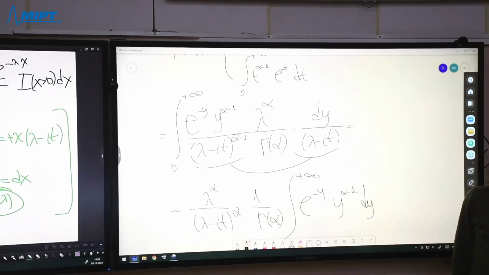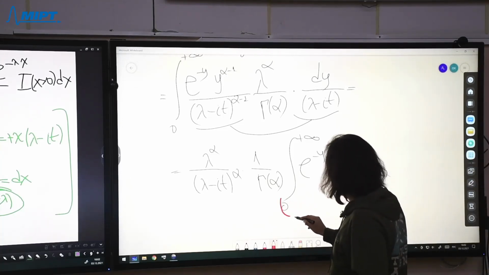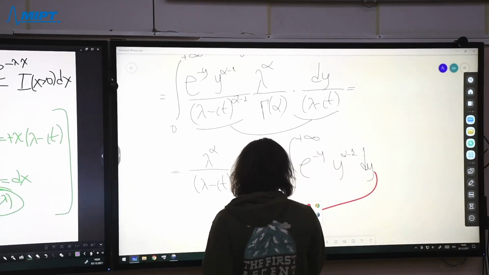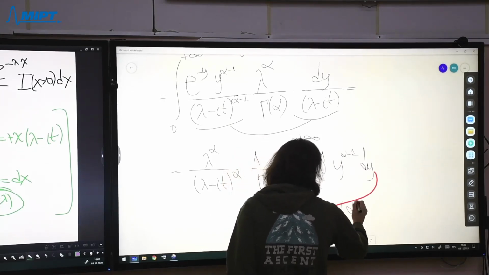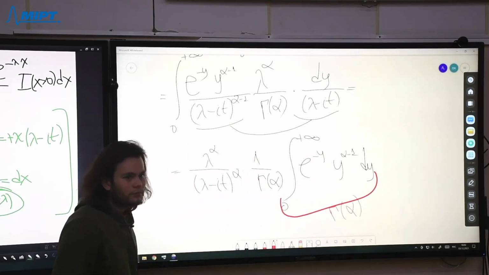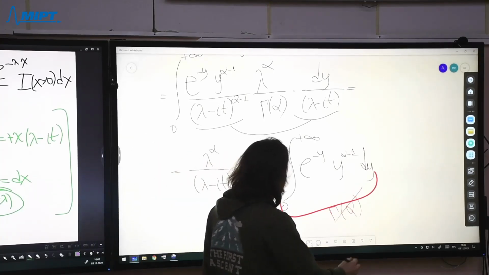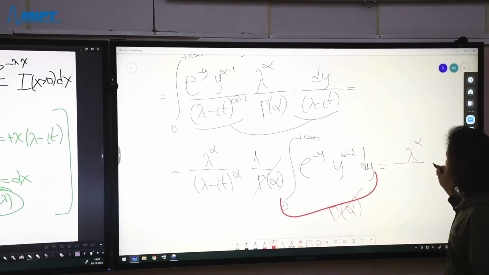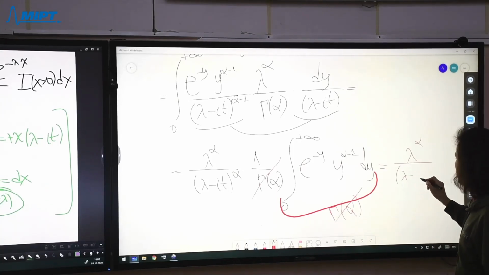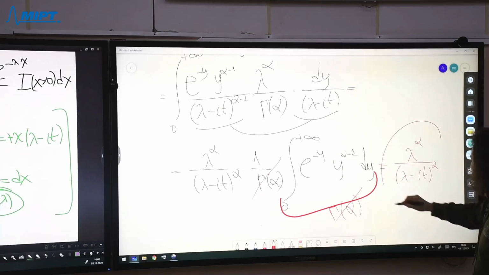So this integral is the gamma function of alpha, which cancels with this, and the result is lambda to the alpha over (lambda minus it) to the alpha. That's it.